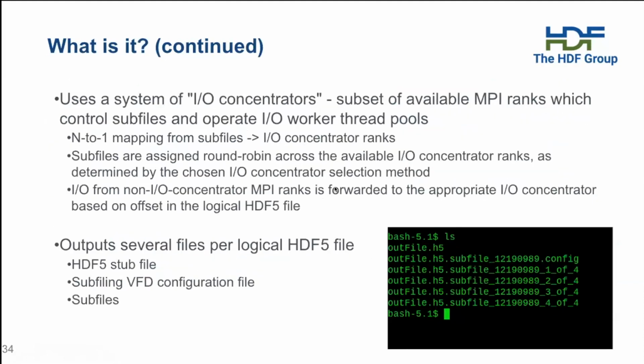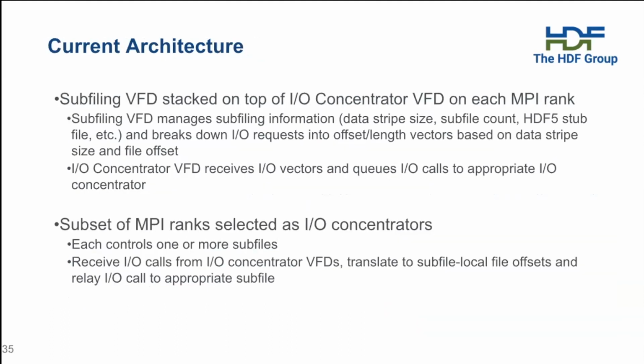The subfiles are assigned round robin across all the IO concentrators, and when you're doing IO, the subfiling VFD forwards its request to the appropriate IO concentrator. So there's the subfiling VFD that runs on the compute node, and the IO concentrator that runs on the IO node. And there's also stub files, configuration files, and of course the main subfiles.